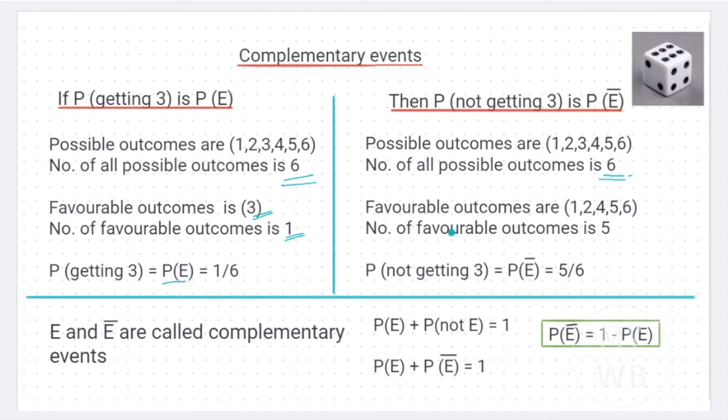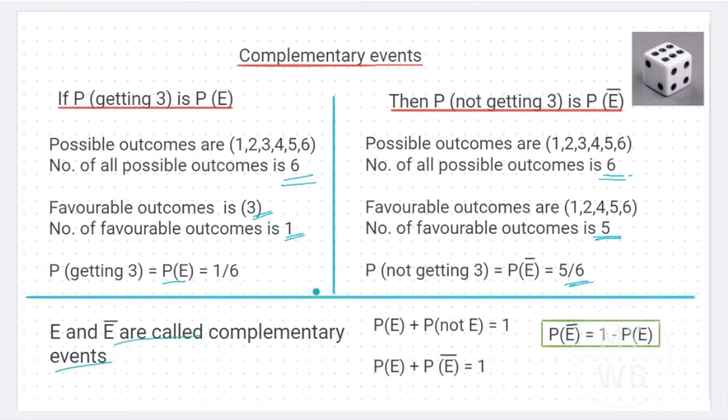Whereas when we are considering not getting 3, the favorable outcomes are 1, 2, 4, 5, 6. Other than 3, all other outcomes. So how many favorable outcomes are there? 1, 2, 3, 4, 5. 5 is the number of favorable outcomes. So the probability of not getting 3, P of E bar, is 5 by 6. These two events, getting 3 and not getting 3, are complementary to each other.